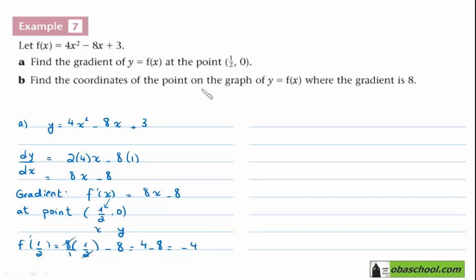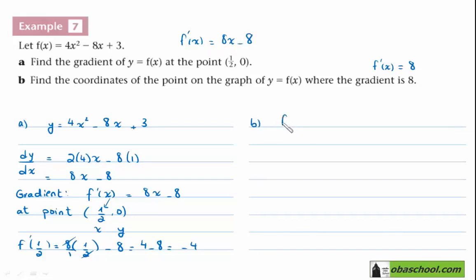Now, part B: find the coordinates of the point on the graph of y equal f of x where the gradient is 8. Then we are asked to find the point on the graph when f prime of x equals 8. From part A, we found the equation for f prime of x, that is 8x minus 8.